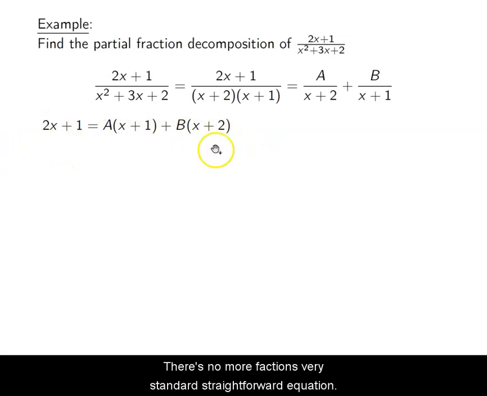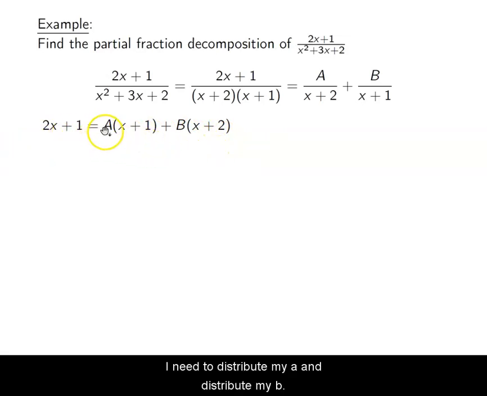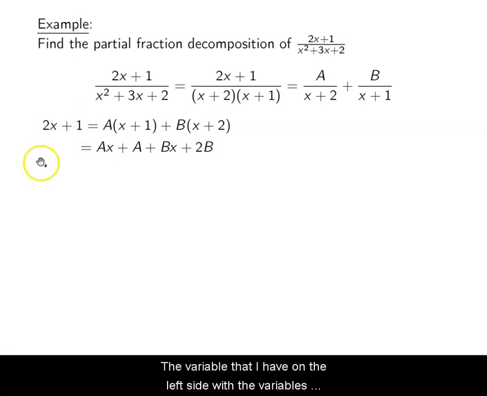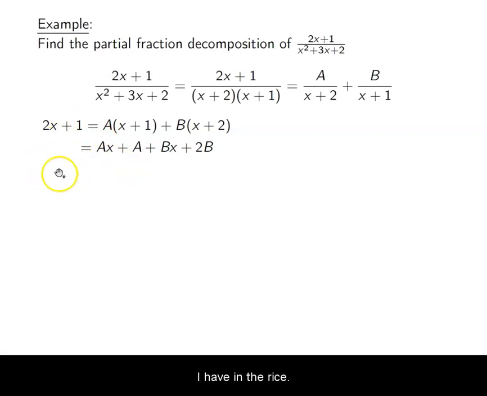Very standard, straightforward equation. I need to distribute my a and distribute my b. Okay, so I have ax plus a and bx plus 2b, and that equals 2x plus 1. So now I'm going to equate the variables that I have on the left side with the variables I have on the right side. So my x's are ax and bx.